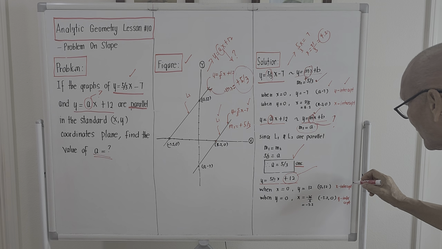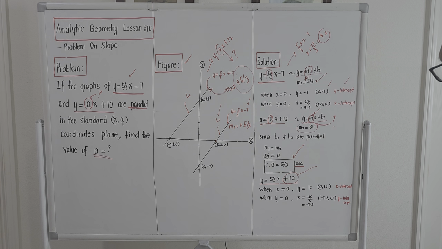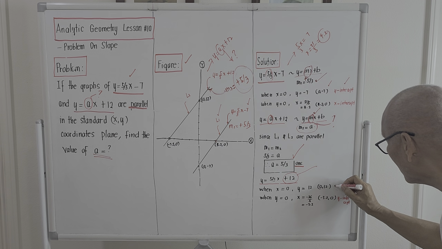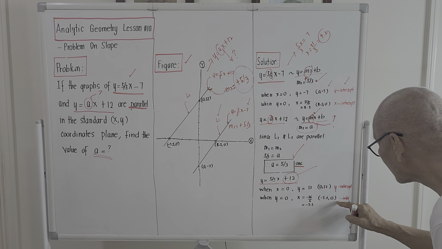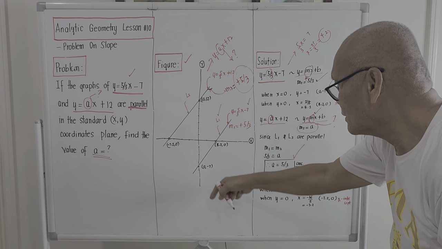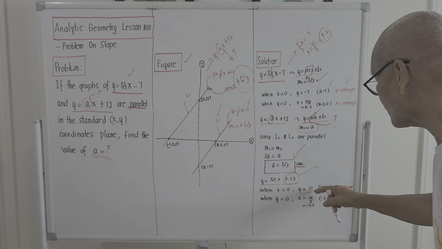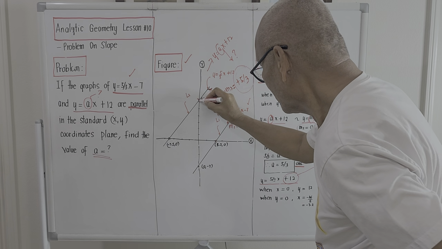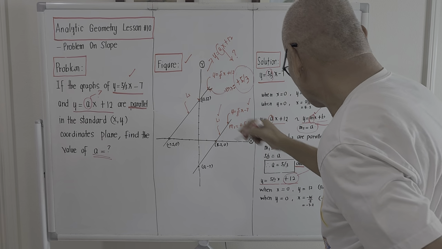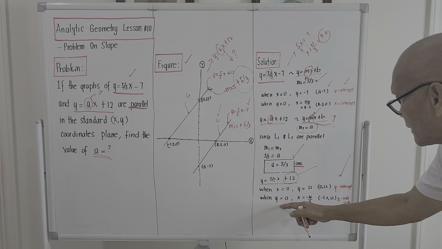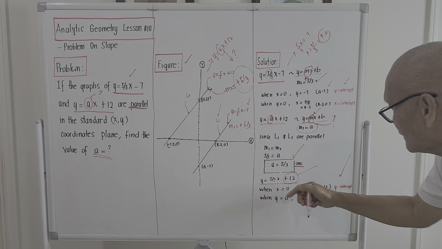So the location of the y-intercept, this should be the y-intercept, because when x is 0, we could solve for y. y is 12. This is the location in which the second line crosses the y-axis. That's the y-intercept. And for the x-intercept, we will set y equal to 0 back to this equation here.